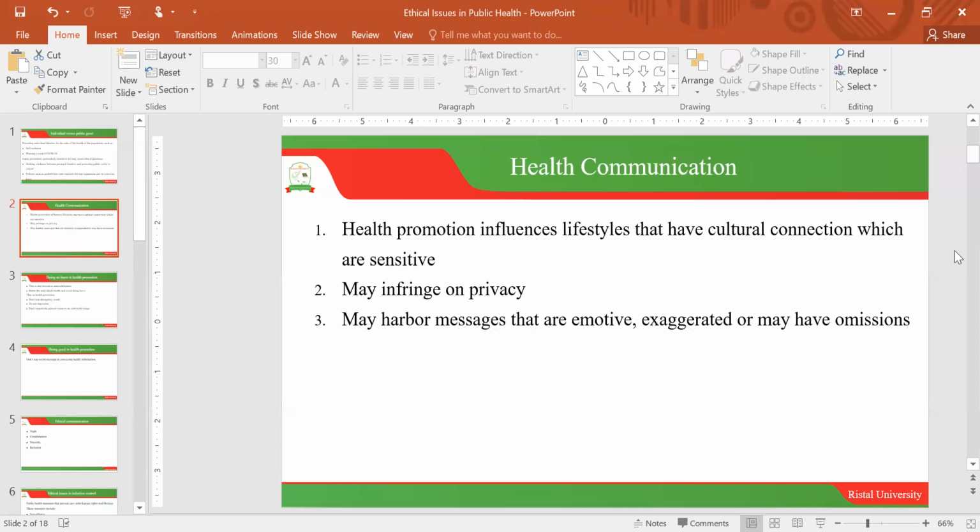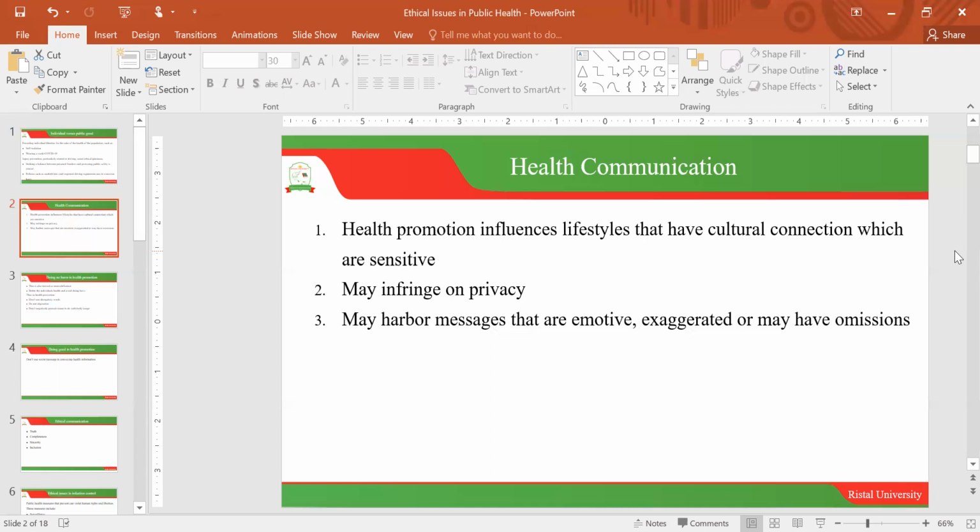Also don't send messages that will perhaps infringe on people's privacy. They should not be messages that evoke negative emotions. So you need to be very careful in crafting health messages.